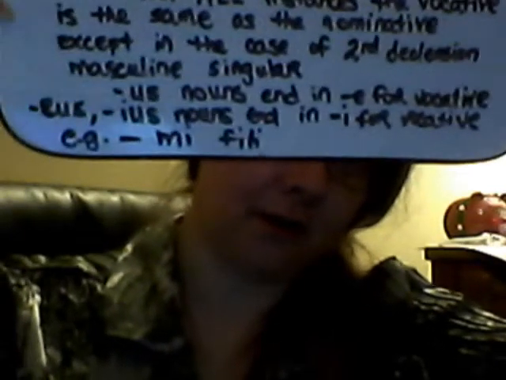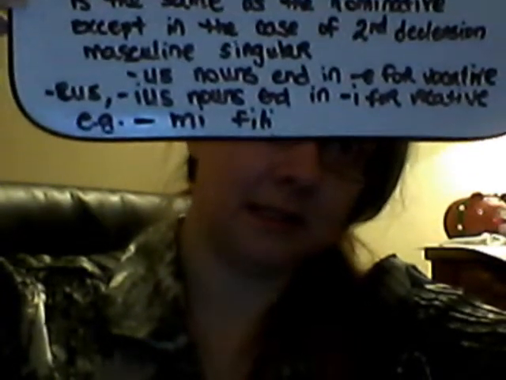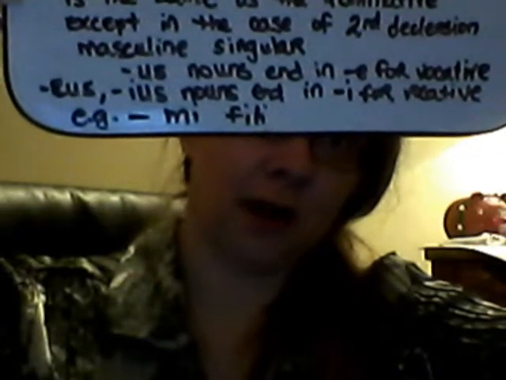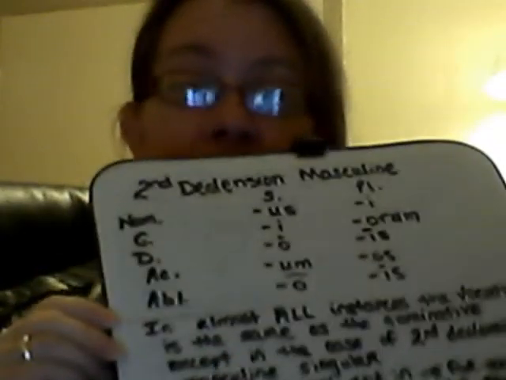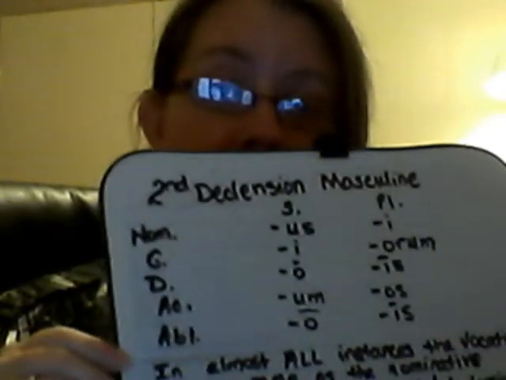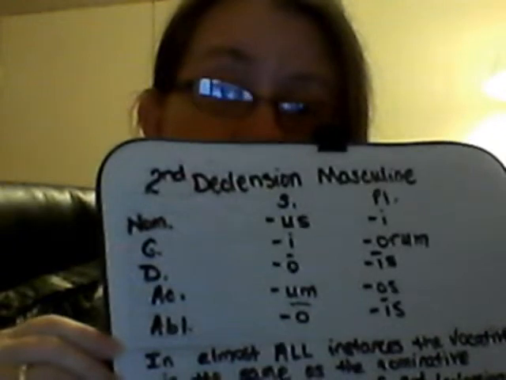Again, write down the vocative: us ends in e, and eus or ius ends in i for vocative. And that is what you need to know for the second declension masculine.